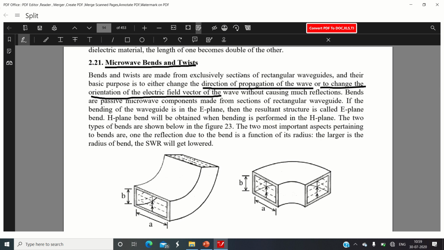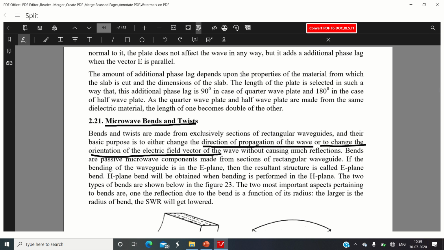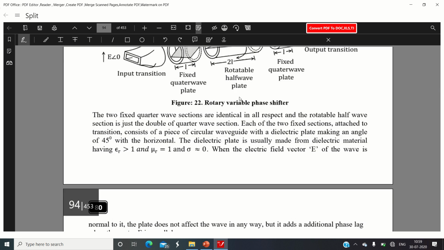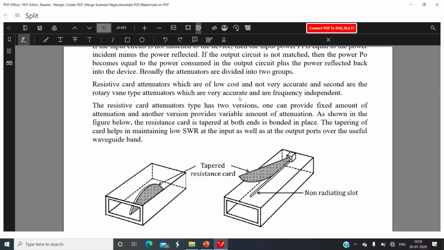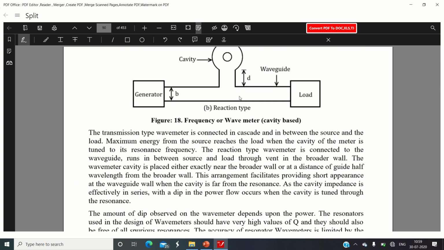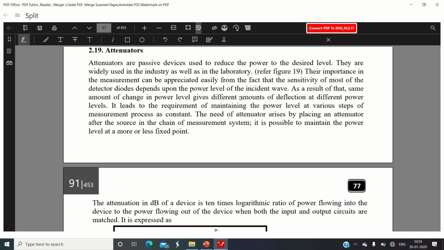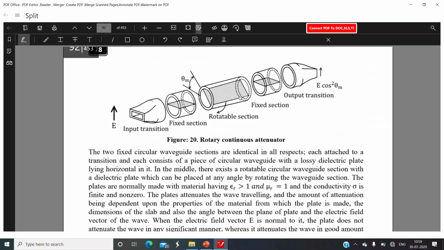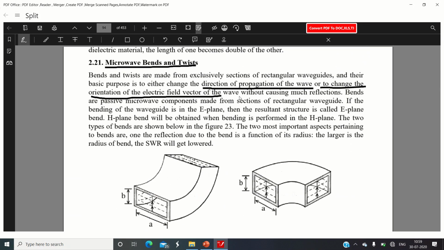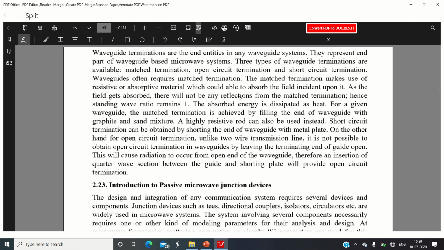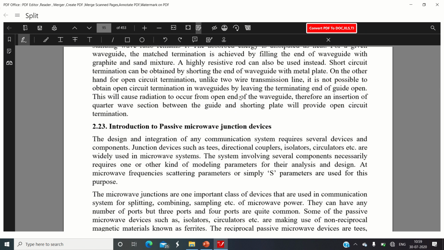Afterwards we revised some concepts of scattering parameters, and then started with the passive waveguide based devices, starting with wave meters, attenuators, phase shifters, and finally bends, twists and terminations. In our next lecture we are going to go into the details of other types of passive waveguide junction based microwave devices.